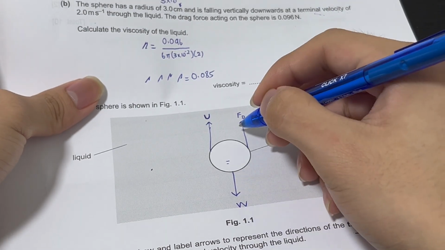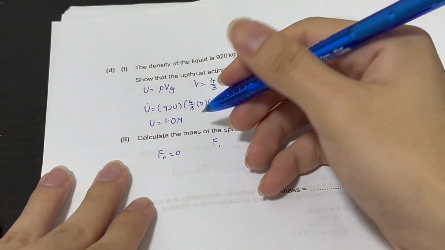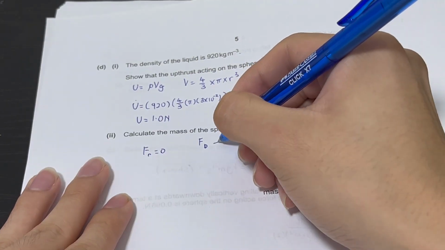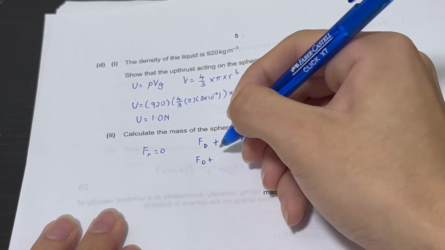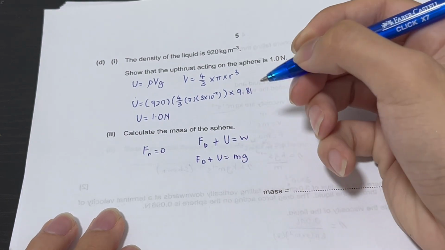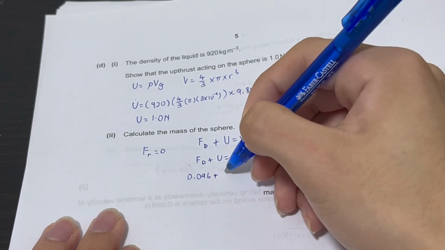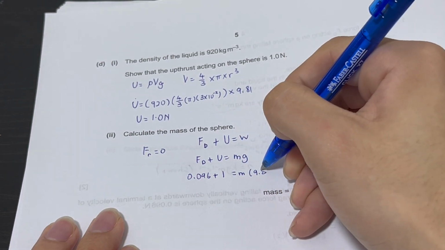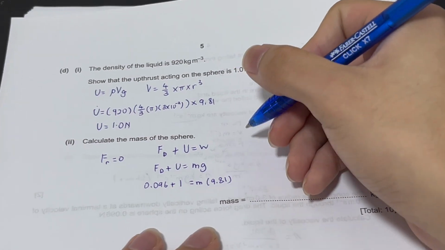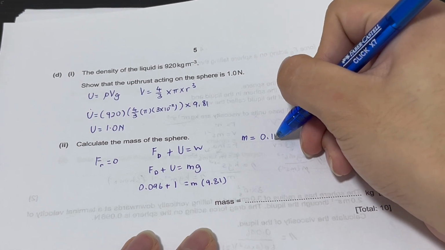If one of these is larger than the other, then the speed of the ball will change and it's not at terminal velocity anymore. So the drag force plus the upthrust is equal to weight, and weight is mg. So 0.096 plus the upthrust 1 we found just now equals m times 9.81. We use a calculator, and then we find that the mass of the sphere is 0.011 kg.